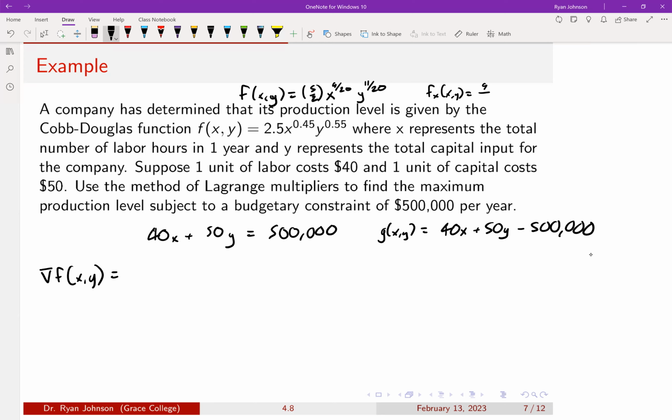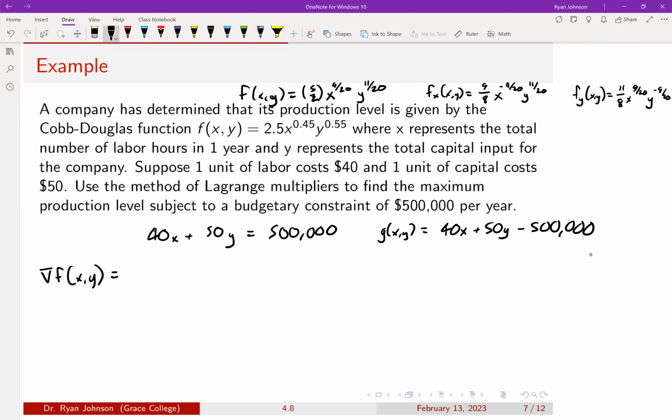You're left with 9 over 8 times x to the negative 11 over 20, y to the 11 over 20. And then similarly, f_y(x,y) is equal to multiplying by the 11 over 20. We'll get 11 over 8 times x to the 9 over 20 times y to the negative 9 over 20.